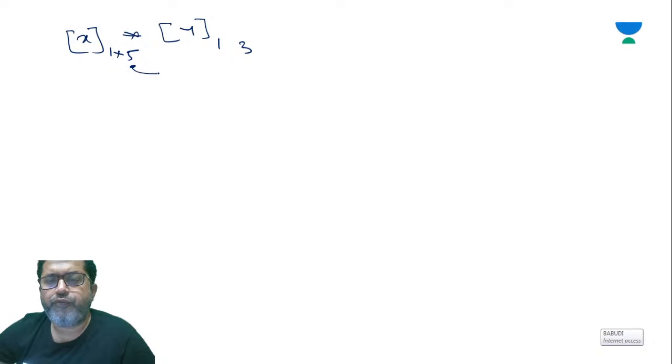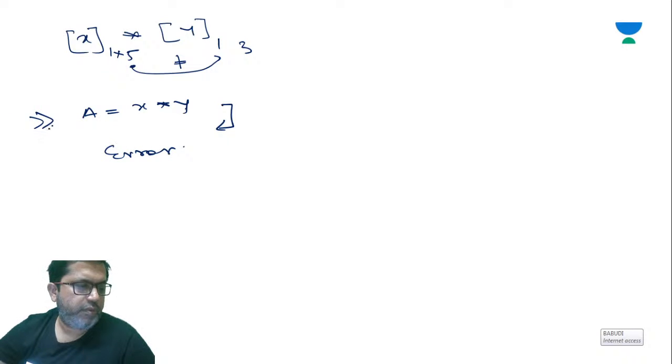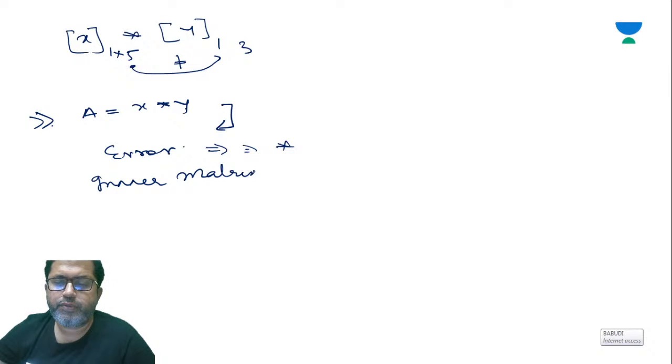Here the columns of the first are not equal to the rows of the second. Therefore, whenever I say a equal to x star y, I will get an error. What error will I get? I will get: inner matrix dimensions must agree.